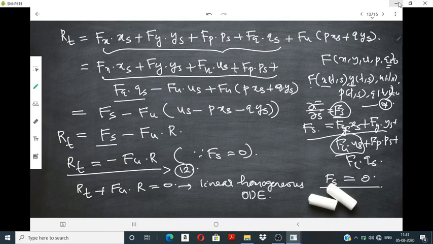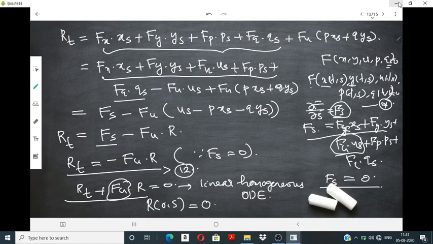We know that fu is a smooth function and this is continuous. So by the existence and uniqueness of solution, the solution of this equation is r of ts, and we know the initial value problem is with r of 0 equal to 0.